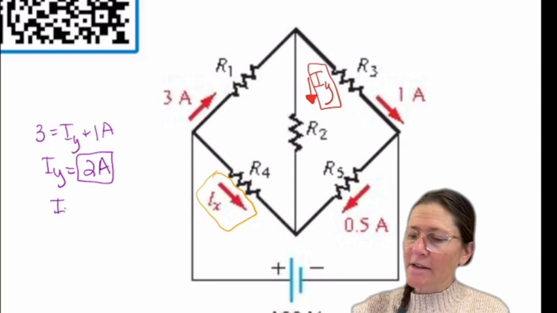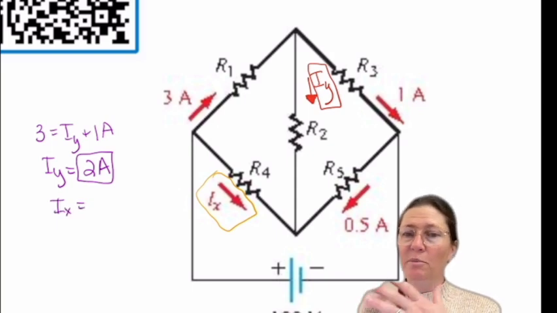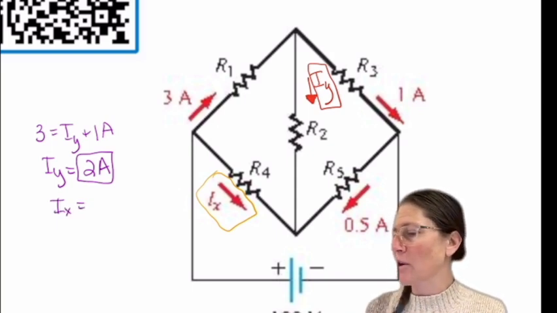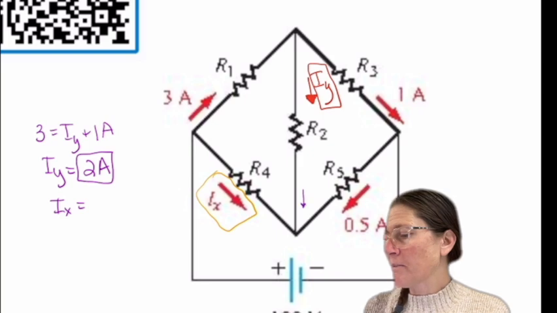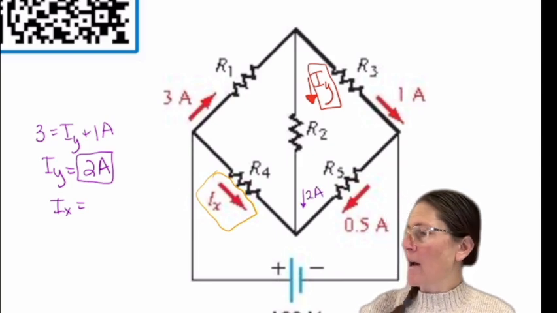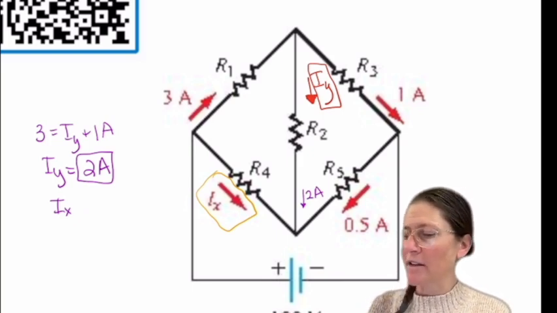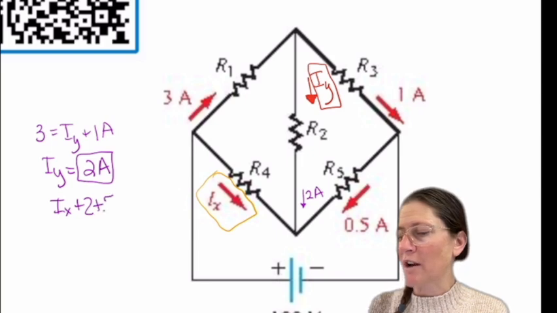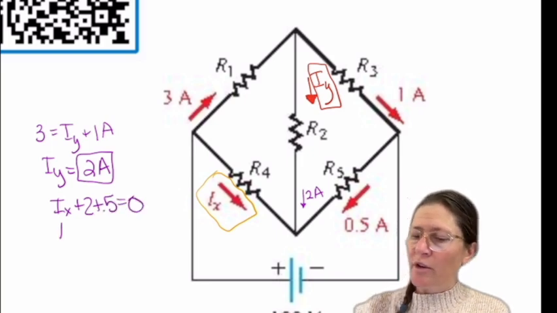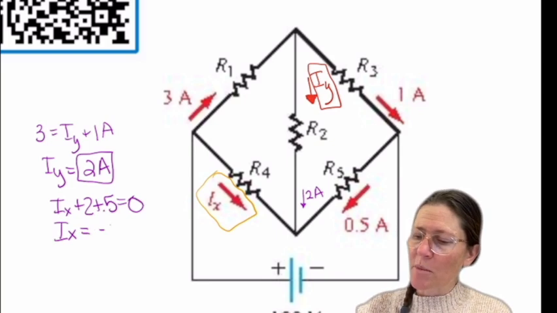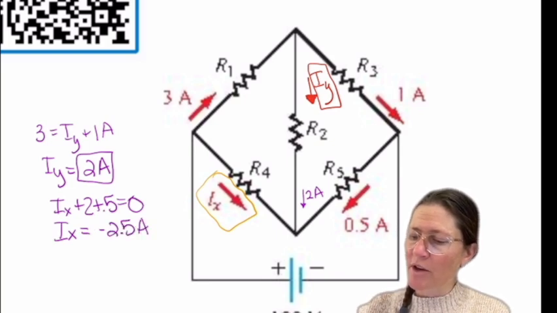For IX, you have to put the positive or negative based on the labeling. Knowing now that IY is 2 coming in, all of these are going in. So I'm going to have plus IX, plus 2, plus 0.5. So this has to be a minus 2.5 based on the labeling.